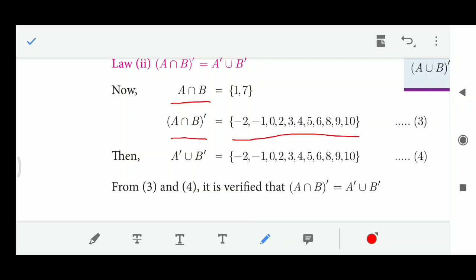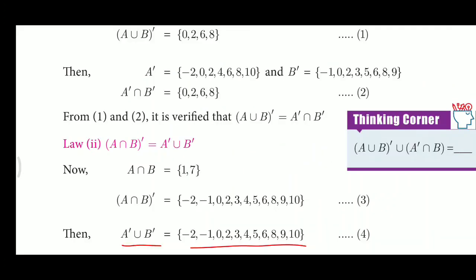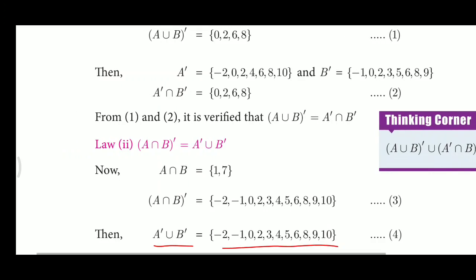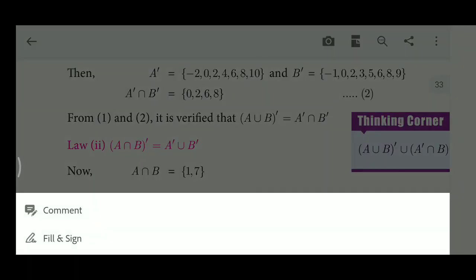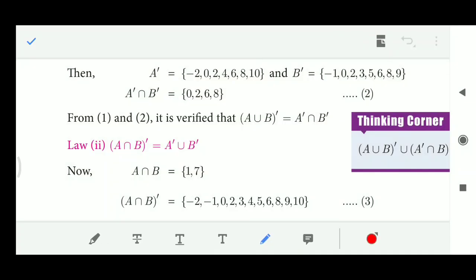Then for the right hand side you have to find A dash union B dash. Already we found A dash and B dash in the first law, so we have to find the union of those two sets. Here A dash is -2, 0, 2, 4, 6, 8 and 10, and B dash is -1, 0, 2, 3, 5, 6, 8, 9.